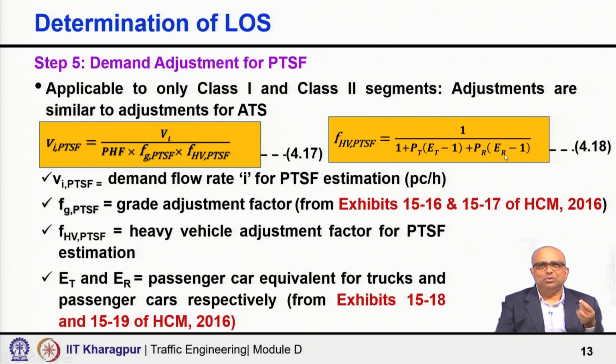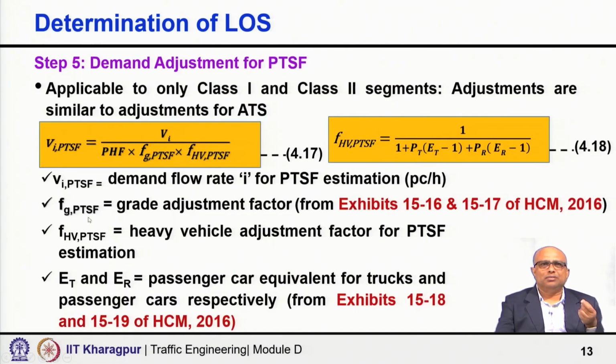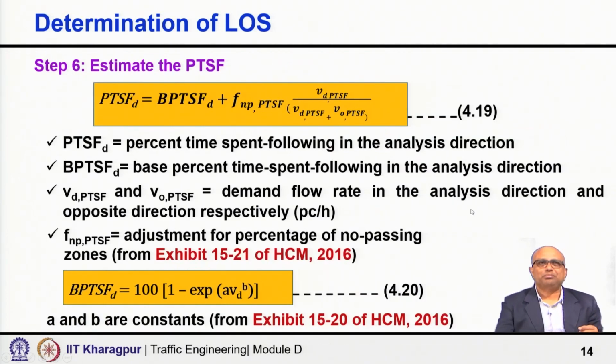The E_T and E_R values are to be used, along with P_T and P_R, the proportion of trucks and proportion of recreational vehicles. This E_T and E_R you can get directly from exhibit 15-18 or 15-19, considering other things. And f_G, the grade adjustment factor, may be obtained from exhibit 15-16 or 15-17, whichever case is matching; accordingly we will pick up the table.